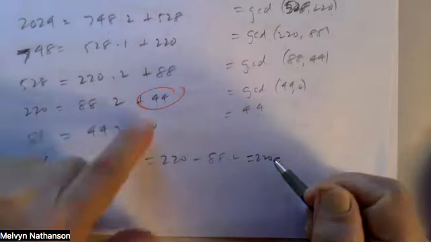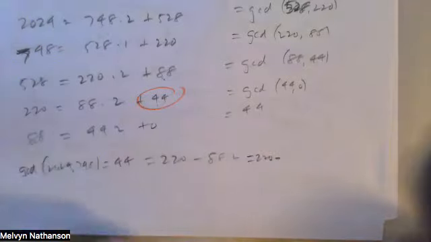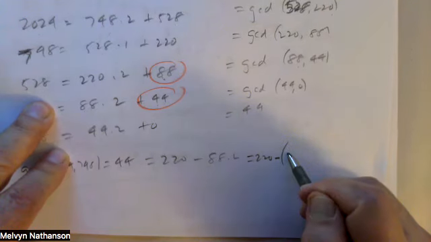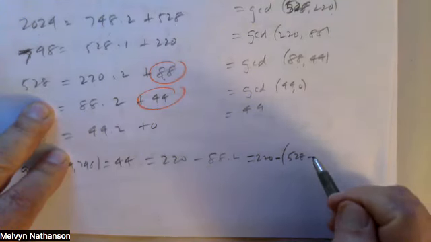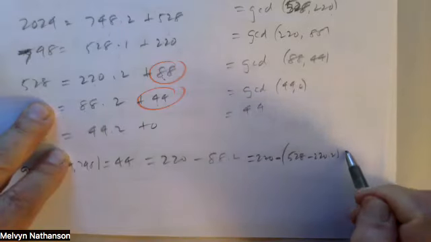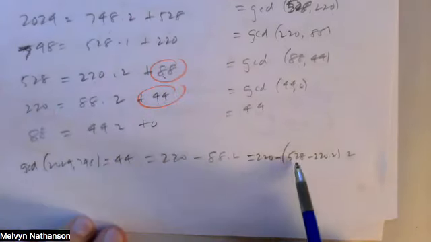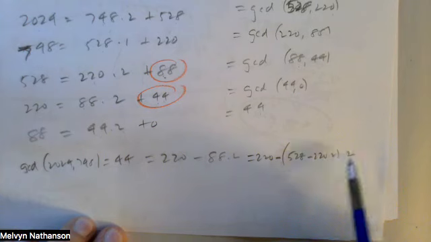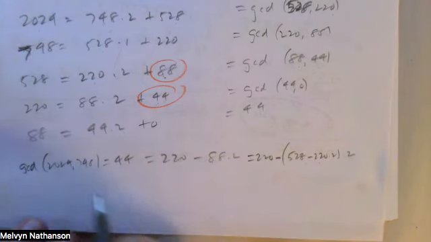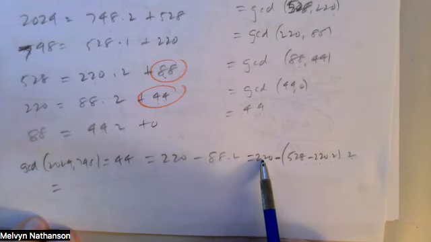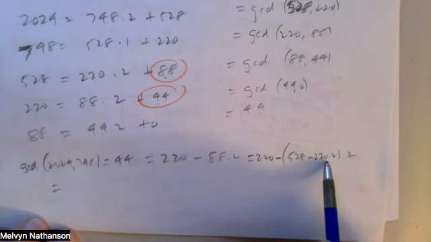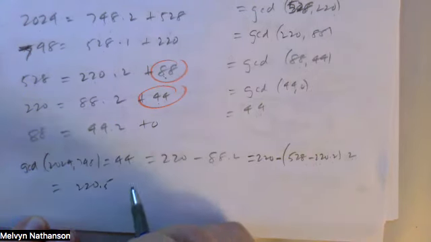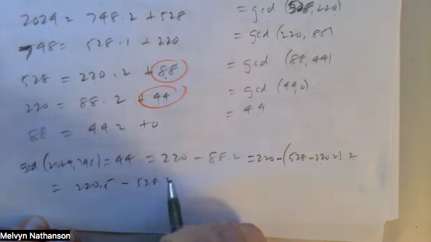But 88 is 528 minus 220 times 2. So I'm just plugging that in for 88. What is this? This is 220 plus 4 times 220. That's 220 times 5 minus 528 times 2.